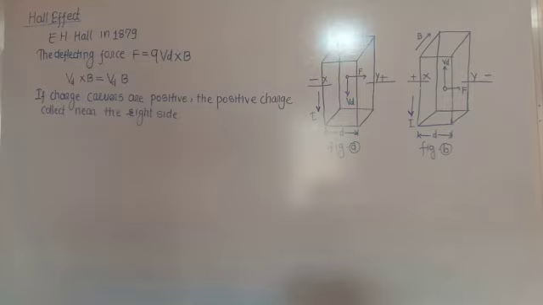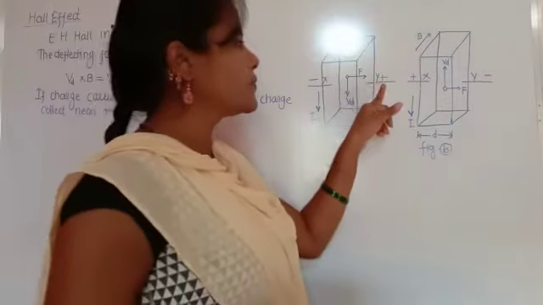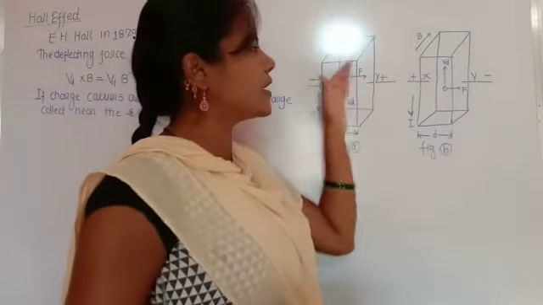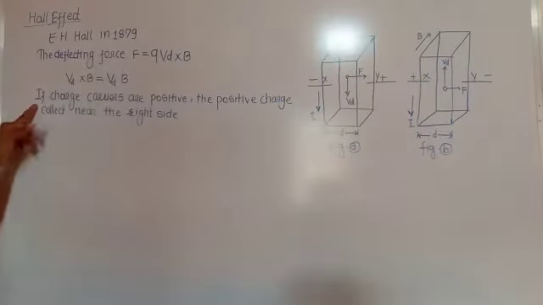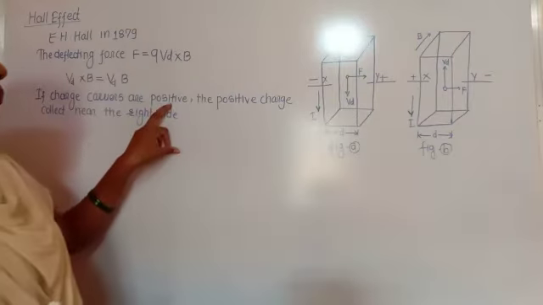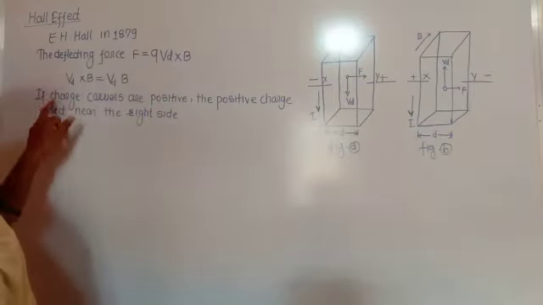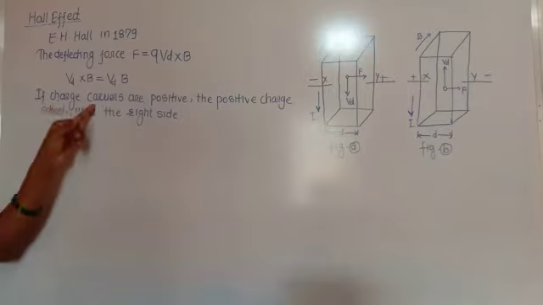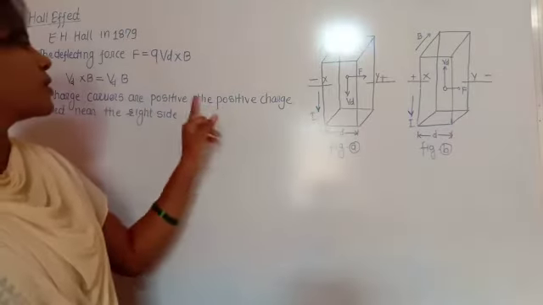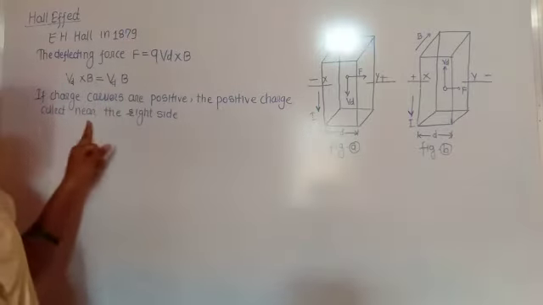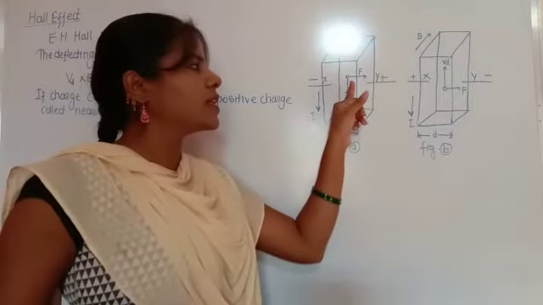And thus the point such as Y will be at positive. So therefore here, if the direction of force is right hand side, that means if the charge carriers are positive, the positive charge collects near the right side, because the force makes them move towards the right.